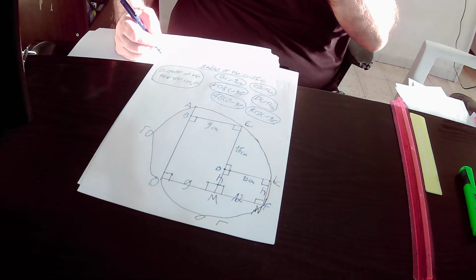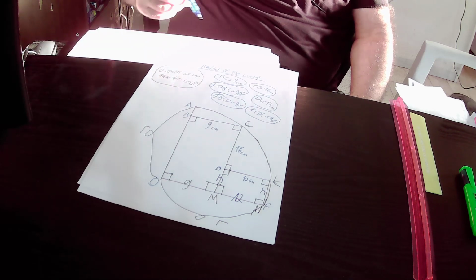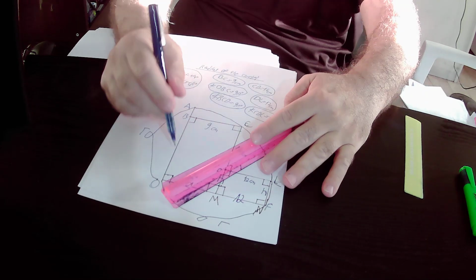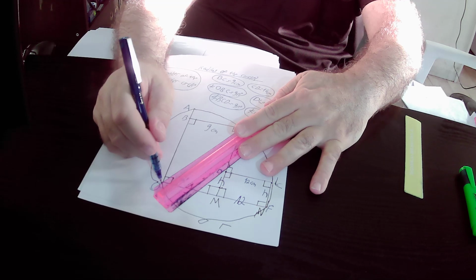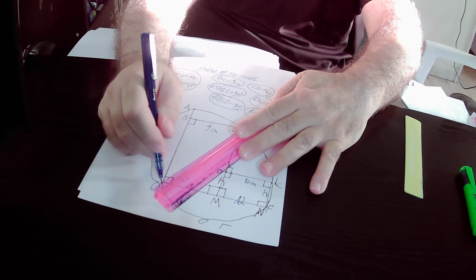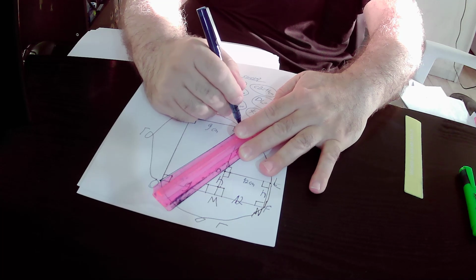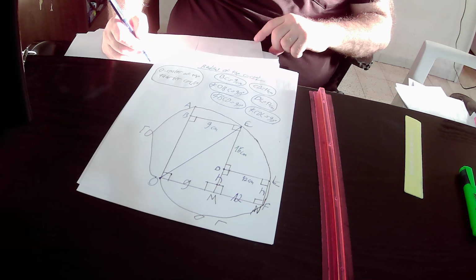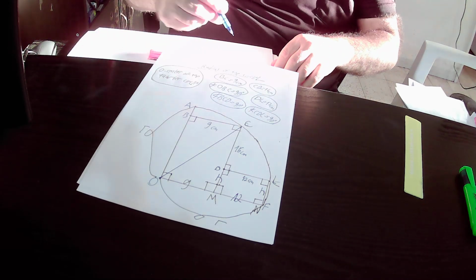So, in the next step, we join points O and C together by a straight line. Here, point O is the center of the quarter circle.